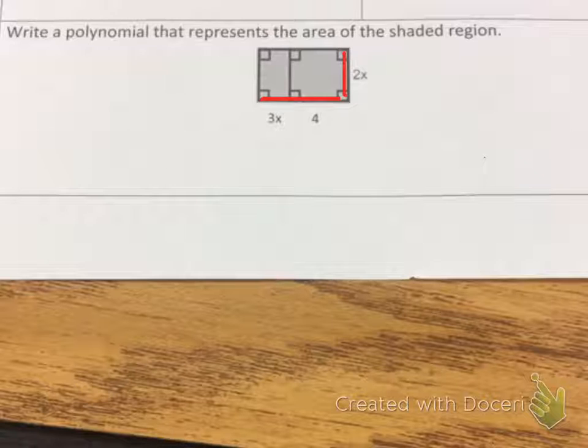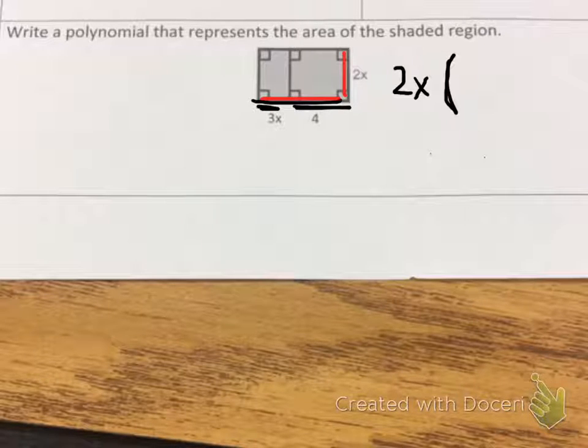So we're just going to do the same exact thing. We're going to multiply 2x and then we're going to multiply this side right here, which is a little weird because we have this 3, which is only to this section right here, and this 4, which is only to that section right there.